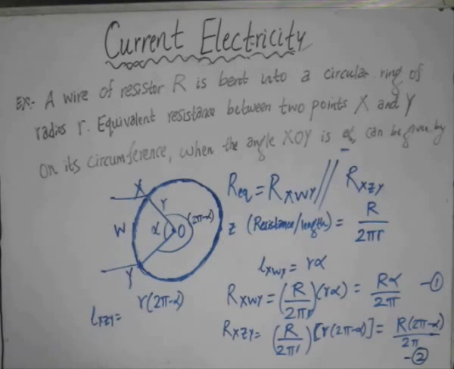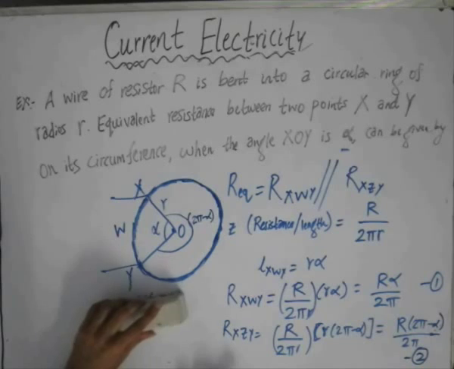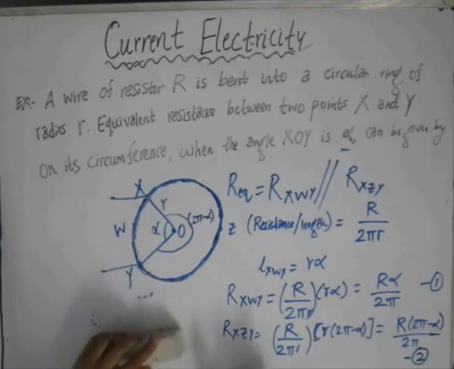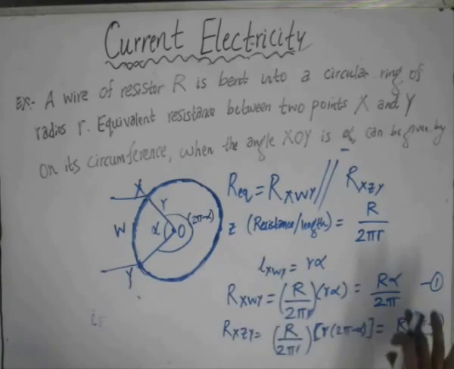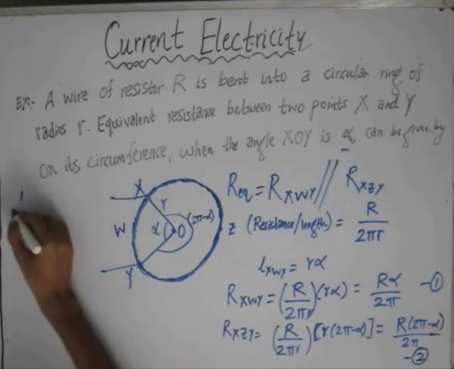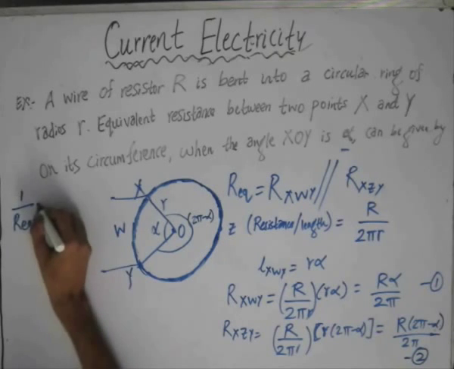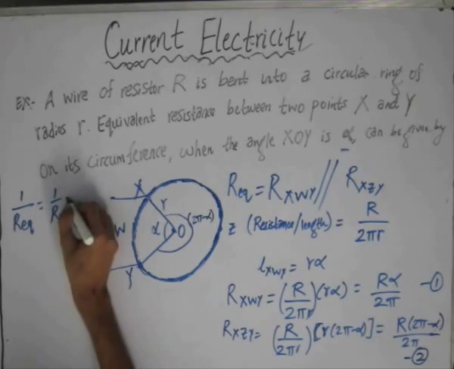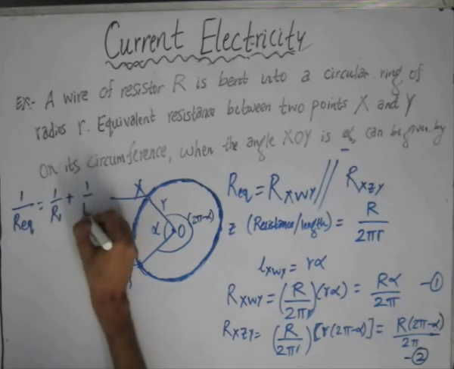Now we need to determine the value of the equivalent resistance between the points X and Y. It would be the parallel combination of these two resistors. We know from our last lectures that for two resistances connected in parallel, 1 upon R equivalent equals 1 upon R1 plus 1 upon R2.